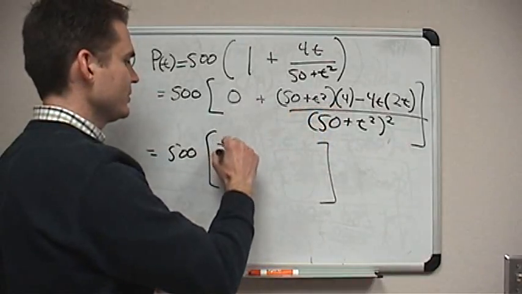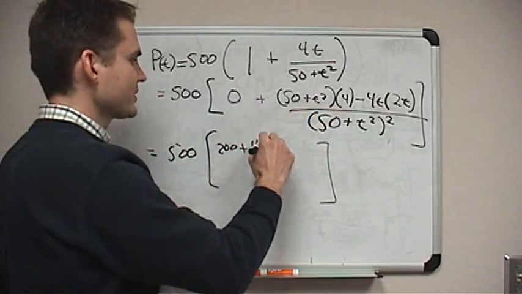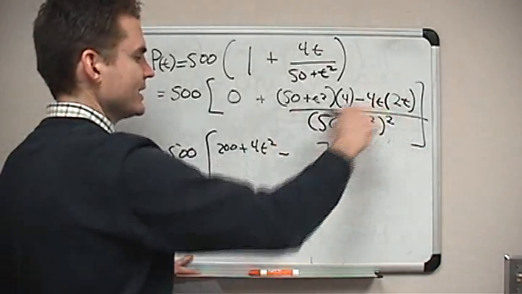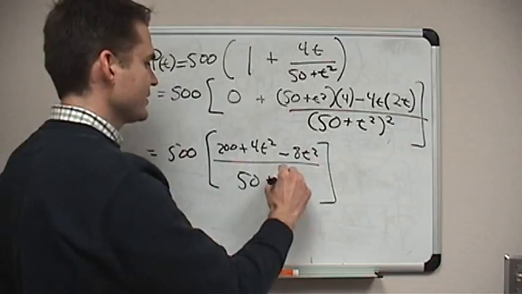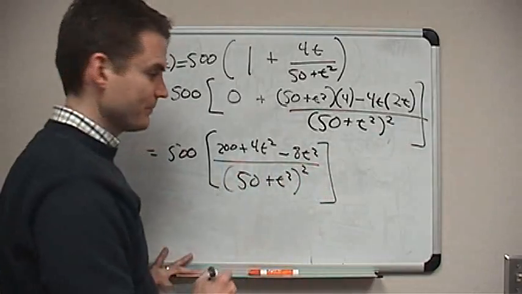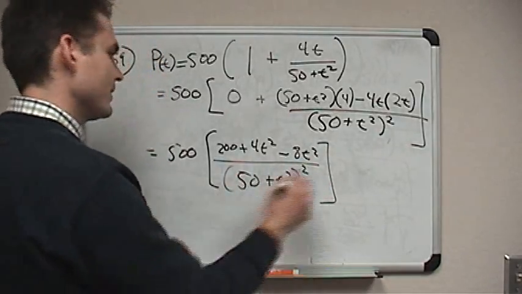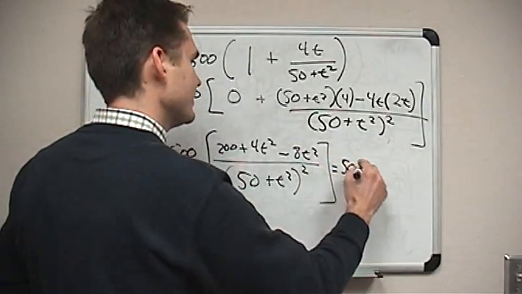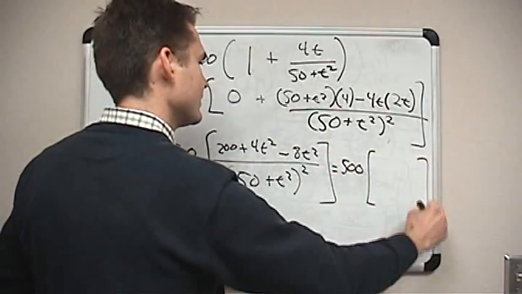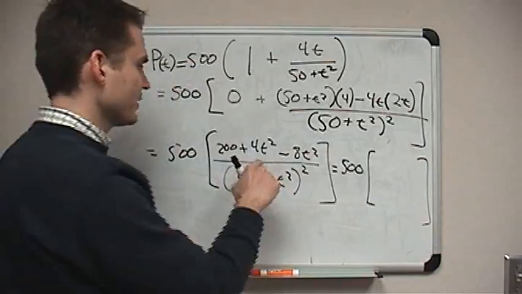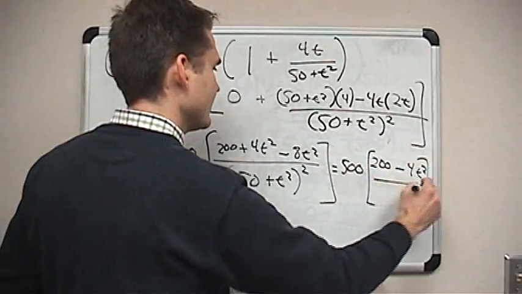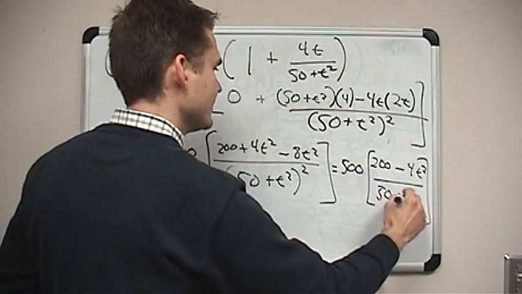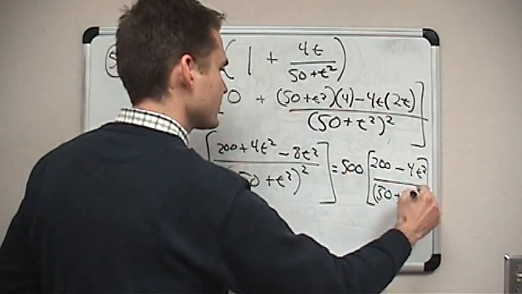That's going to be 200 plus 4t squared minus 8t squared, all over 50 plus t squared, squared. So I can write this as 500 times 200 minus 4t squared, all over 50 plus t squared, squared.